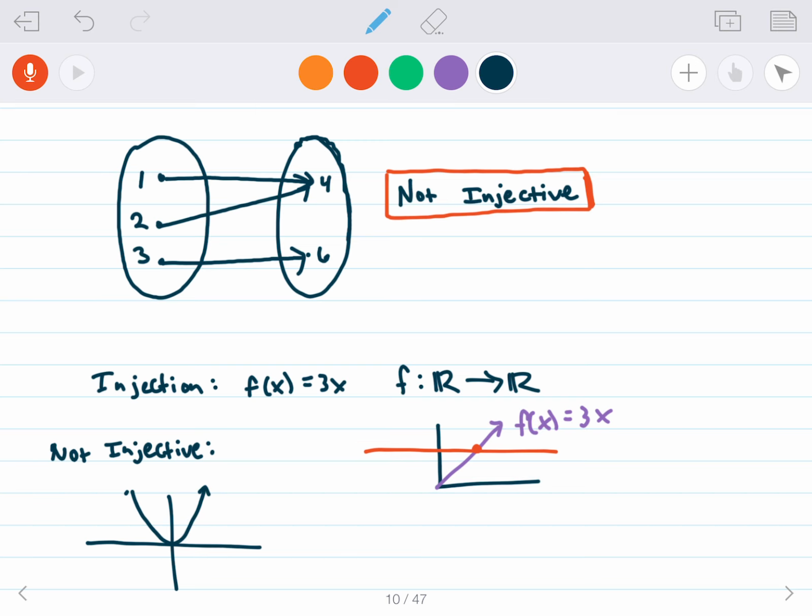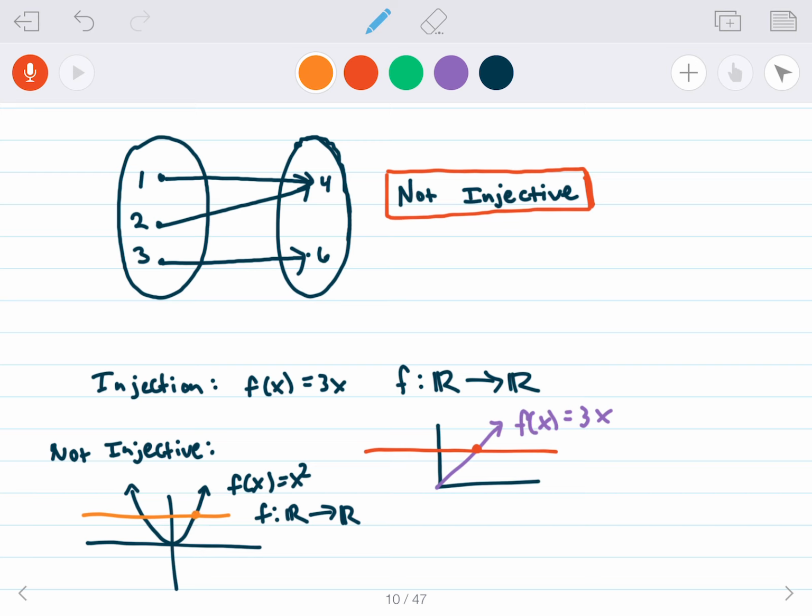We all know and love this guy, f of x equals x squared, where we're looking at f from R to R. No, this is not injective, because it fails the horizontal line test.